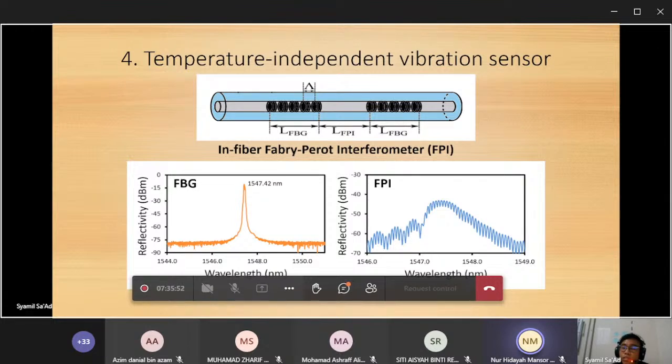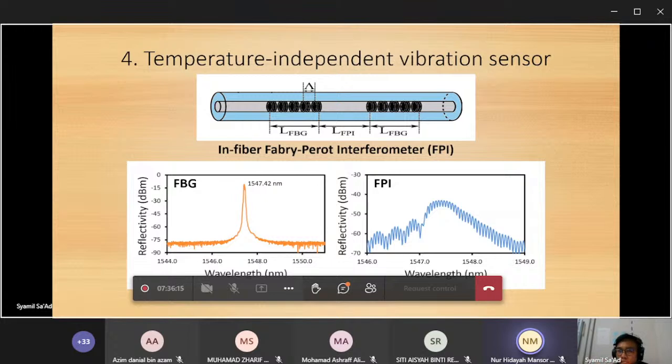Okay, so this is how we implement the interferometer using FBG. As you can see from the first diagram, there are 2 gratings within the same fiber core. Between the gratings there is the LFPI, which is the interferometric region, what we call the in-fiber interferometer, because the grating will act as a reflective panel for the light.